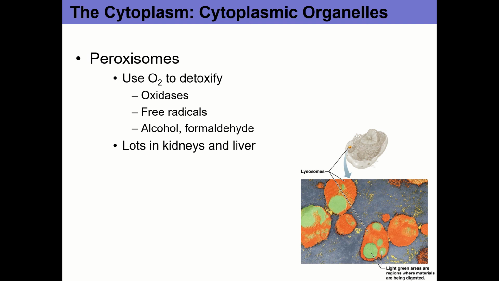It wants to have an even number of electrons in the outer shell. And so what that free radical with unpaired electrons will do is try to steal electrons from somewhere else. Basically it'll attack the cell membrane to steal those electrons, which can then damage the cell membrane. And if you have enough of that free radical damage, that can result in the death of the cell. And so peroxisomes help make sure that doesn't happen.